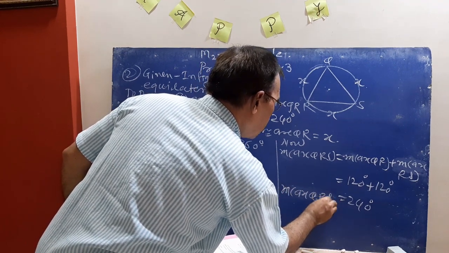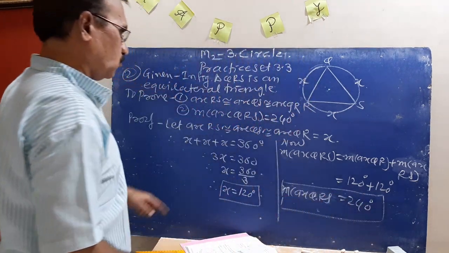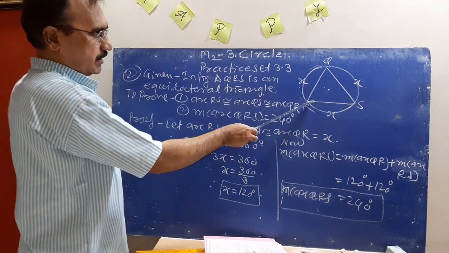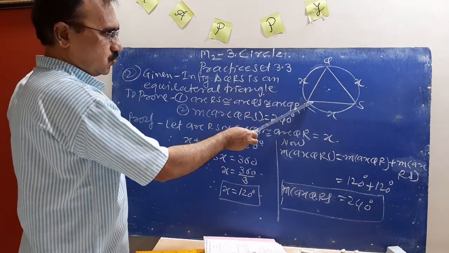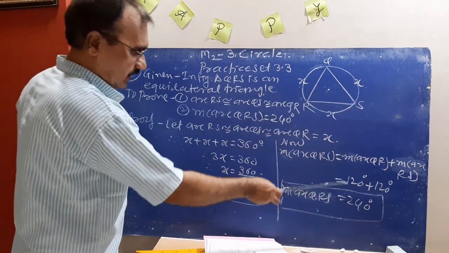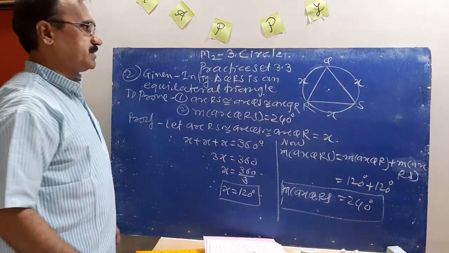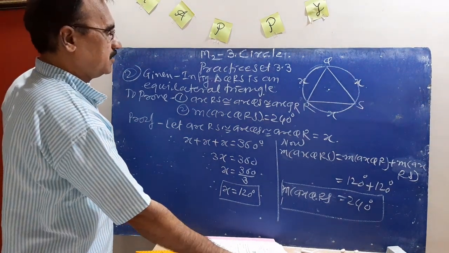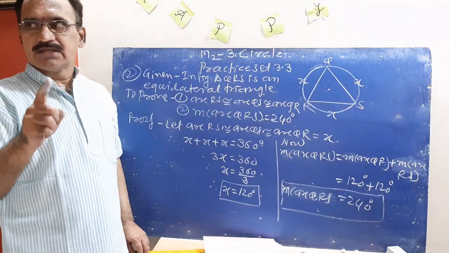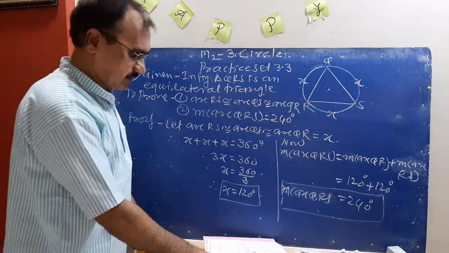Measure arc QRS is equal to 240. This is our second statement. Point R is common, therefore arc QR plus arc RS, but the value of x is 120, and 120 plus 120 is 240. These are the two examples from practice set 3.3. And now only one example remains; you can solve all these very easy examples yourself.